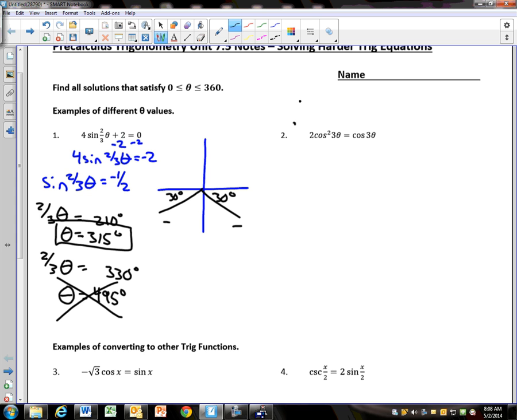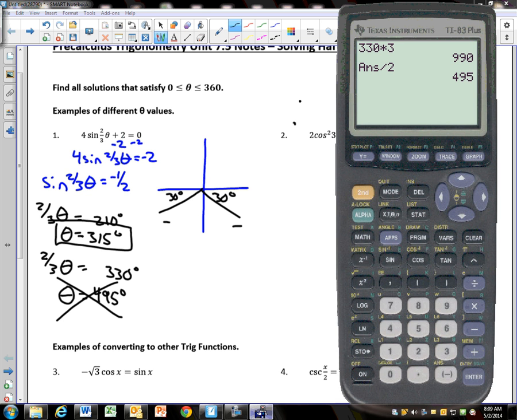Now, I'll give you just a little hint ahead of time, okay? 2/3 theta. If you multiply the 360 by 2 divided by 3, you get 240.